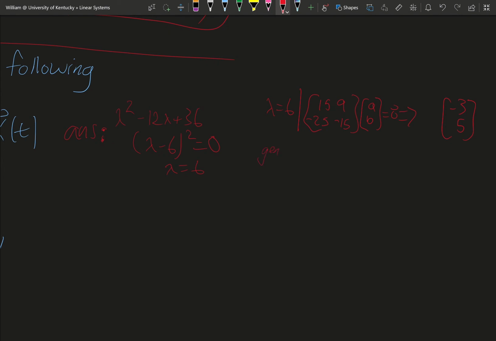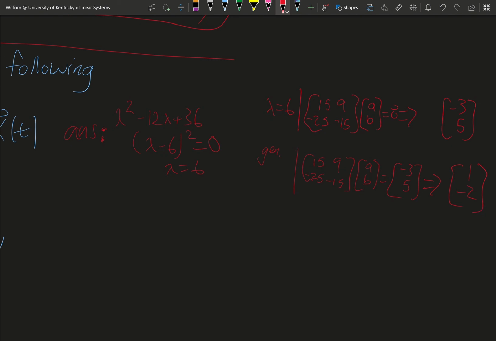Now for your generalized eigenvector, you do 15, 9, negative 25, negative 15 times A, B, except now you set it equal to whatever you got in the first part. Your generalized eigenvector has many different possibilities, but I got 1, negative 2.